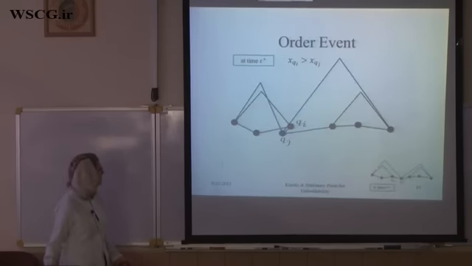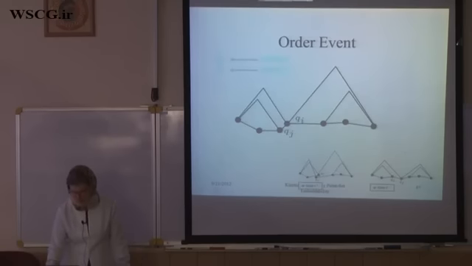So we get a situation like that, now we have crossings. So basically the edges that used to be adjacent to QI have now got to become adjacent to QJ and vice versa. They just have to trade off which edges they're hosting the endpoints for. So that's an ordering event.